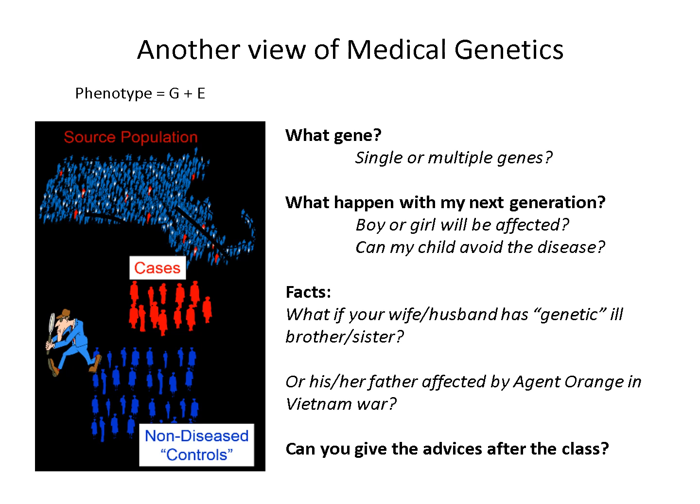Or in some cases, his or her father was affected by Agent Orange, the mutagenic chemical in the Vietnam war. That means he or she may also have that bad gene. If you are not in this case, you're not worried. But if you are in this case, you will be very worried about this situation.